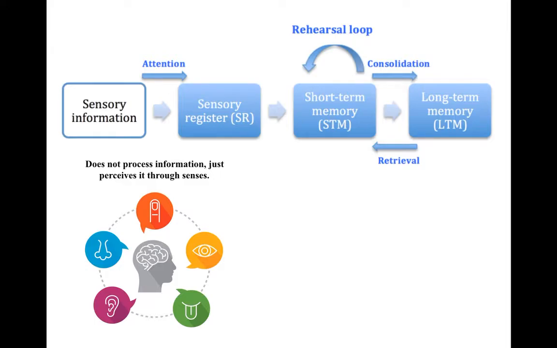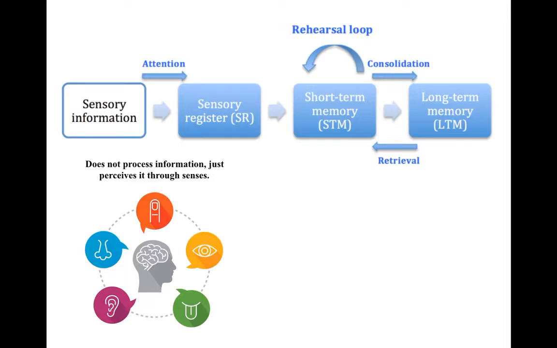Okay? A unit can also be called a chunk, and this basically means, let's say for example, I read the numbers 1 to 10: 1, 2, 3, 4, 5, 6, 7, 8, 9, 10. This is 10 different units of information because each number on its own makes a meaningful unit.